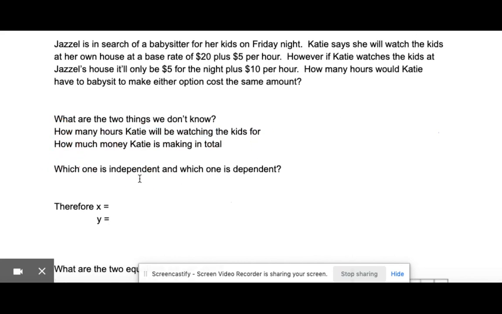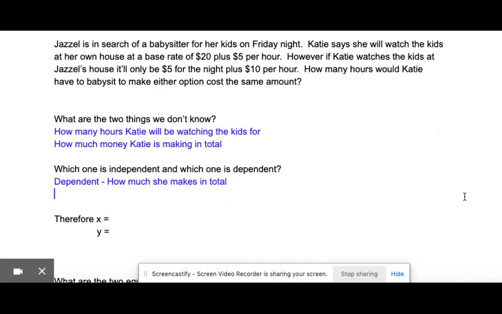So between the two, which one's the dependent one? Which one depends on the other? Well, technically, how much she makes depends on how many hours went by. So the dependent one is how much she makes in total, because that depends on the independent one, which is how many hours she watches the kids.